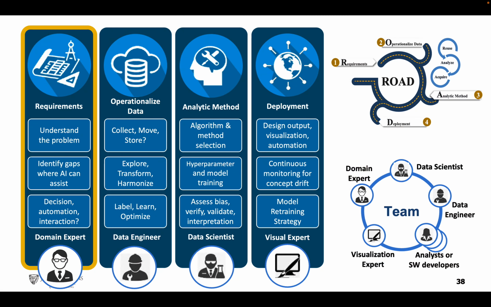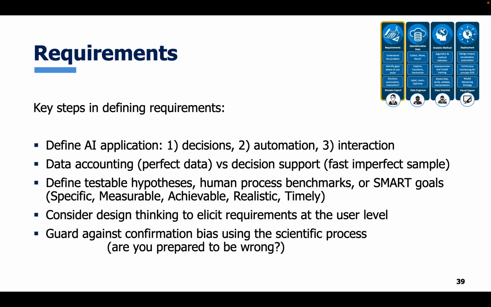We're going to focus a little bit more on requirements and go into more depth on that aspect of ROAD. So the first thing in defining requirements, if you're dealing with an AI application, I would argue that there are three primary broad uses of AI.